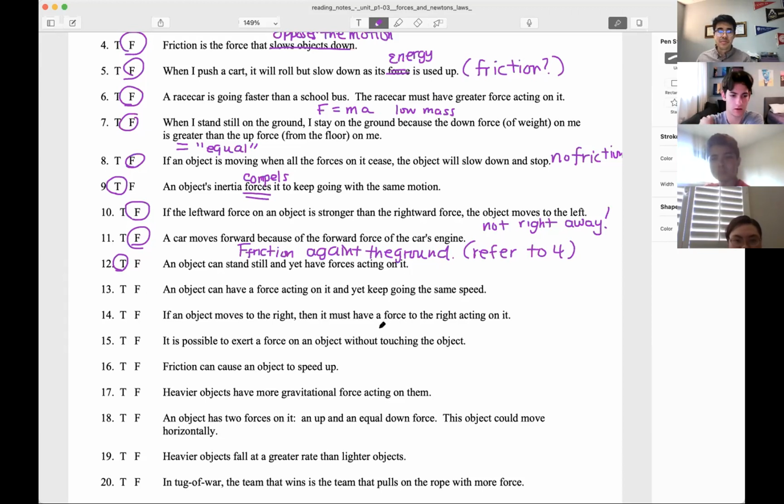Say it's like a car that has force acting on it the other way, it could increase the force in the other direction to keep the speed. Yeah, and the way you explained it makes sense, but it relies on two forces, right? You increase one force and therefore a contrasting force increases as well. And so that's why I don't like the wording of this question. Can an object have one force acting on it and keep going the same speed? No. Two forces, yes, right? They equal each other out.